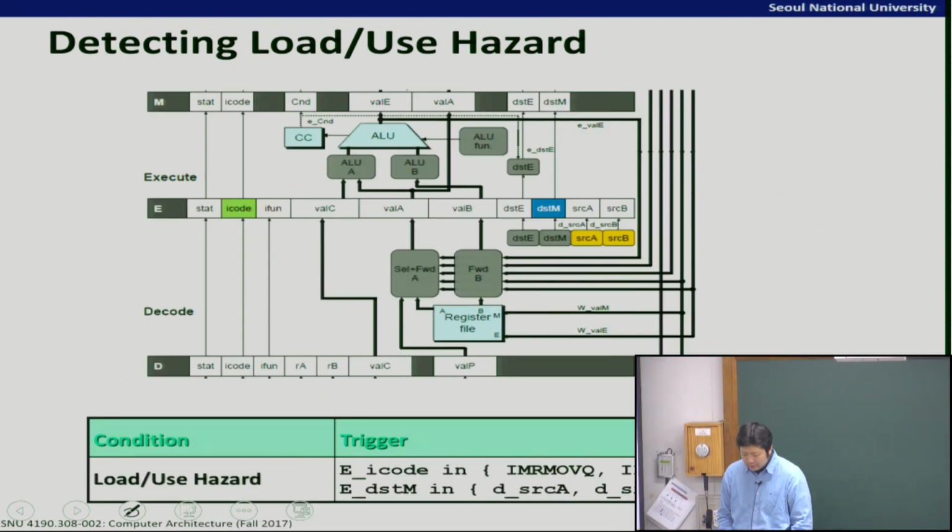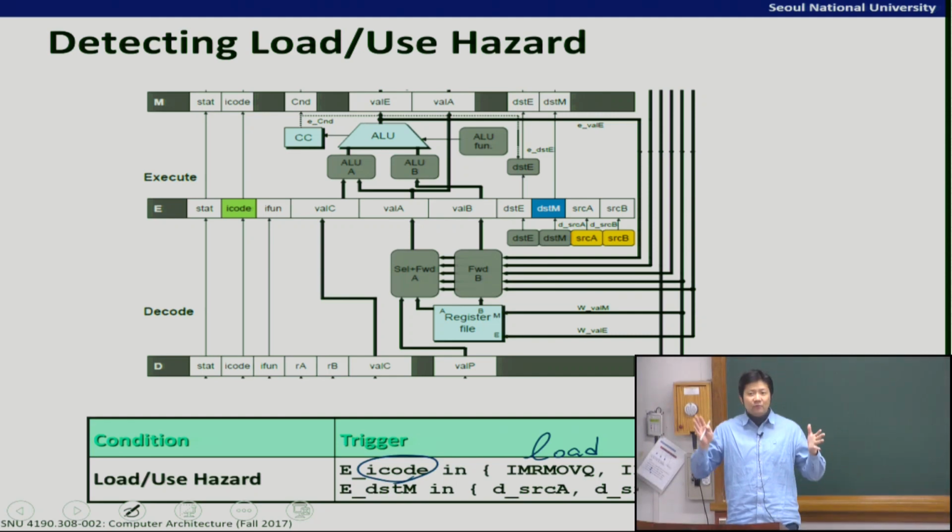So how can we detect this load use hazard? Let's think about it. If you want to detect a load use hazard, then the instruction in the E stage is either a load (MR move) or popq. Actually, a load use hazard can happen for a pop instruction too, because the value is available in the mem stage for pop, since you need to access the stack.